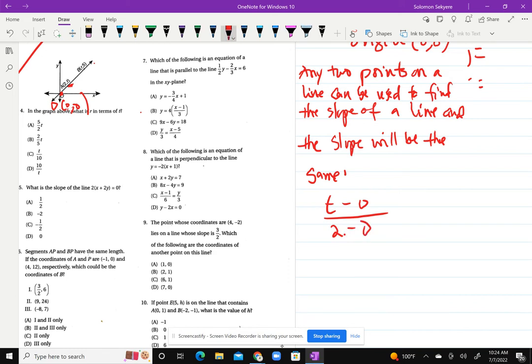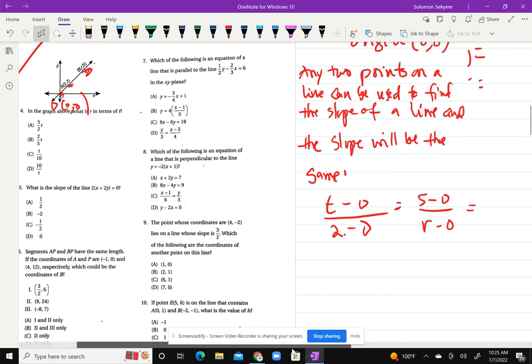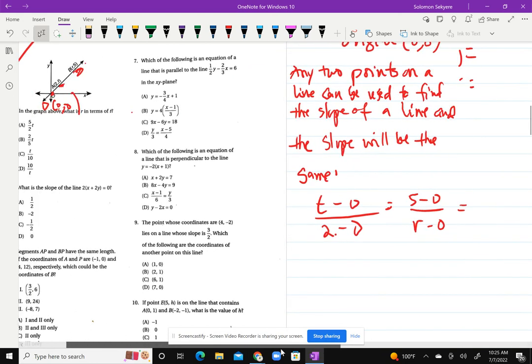I can also use point B with the origin to write one: 5 minus 0 over r minus 0. All these should be the same. I can also use the points A and B to write an expression for slope, and it should also be the same.